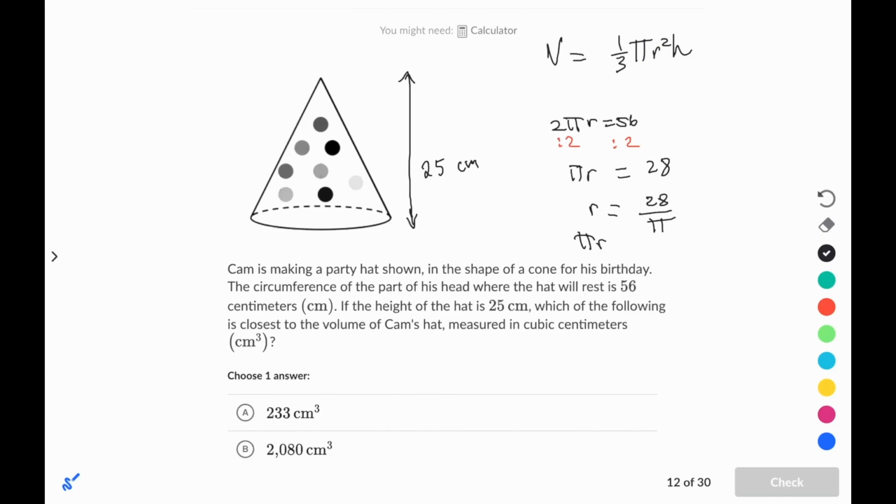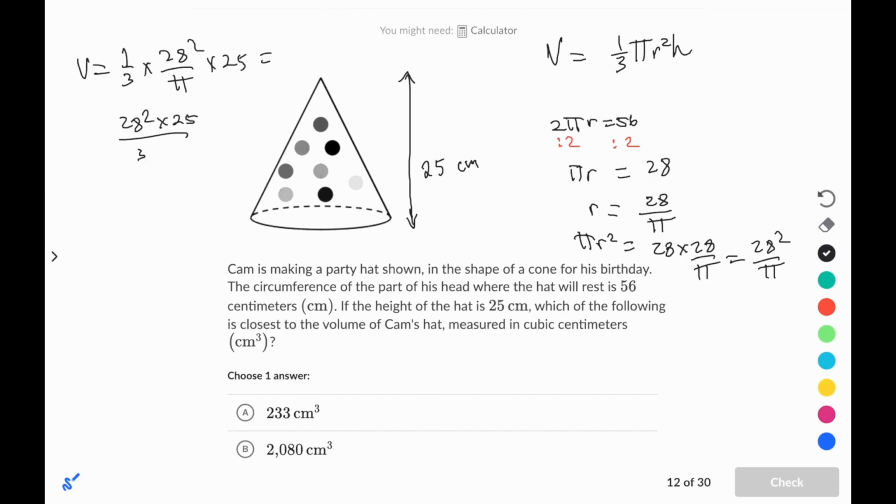So pi r squared would be 28 multiplied by 28 over pi, which is 28 squared over pi. The volume is 1 over 3 pi r squared, which is 28 squared over pi, all multiplied by the height, which is 25. If we assemble all of this into a single fraction, it would be 28 squared multiplied by 25 over 3 pi.